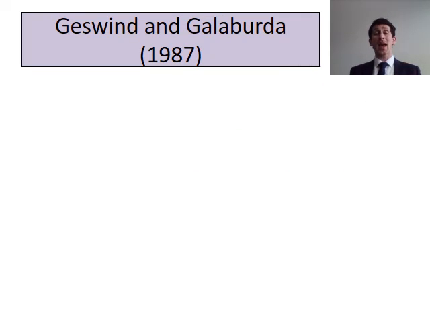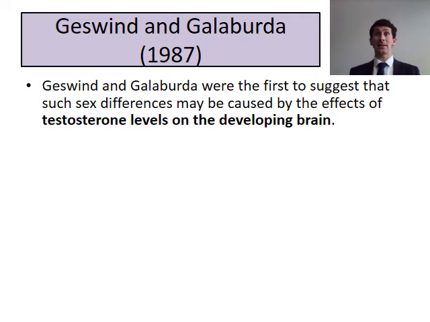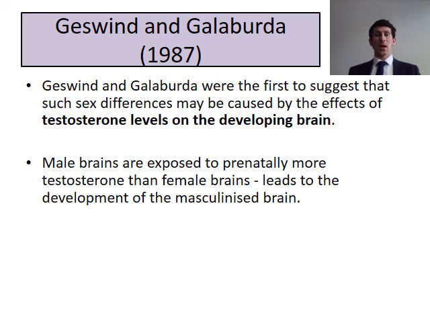And Geschwind and Galaburda came up with a theory linked to this idea. They said that testosterone is the main factor that causes the difference between males and females, and that testosterone masculinizes the brain. Because male brains are exposed to more testosterone prenatally than female brains, that is what masculinizes the brain.